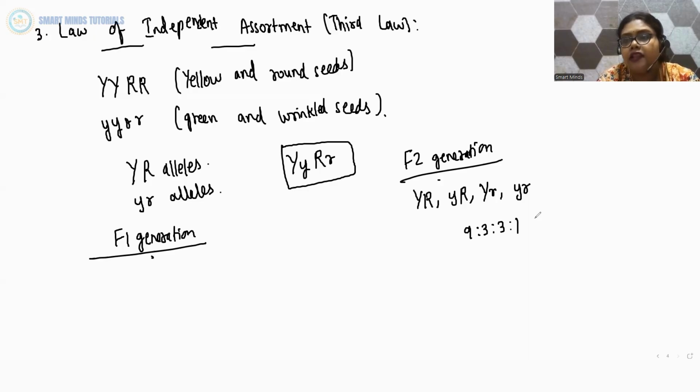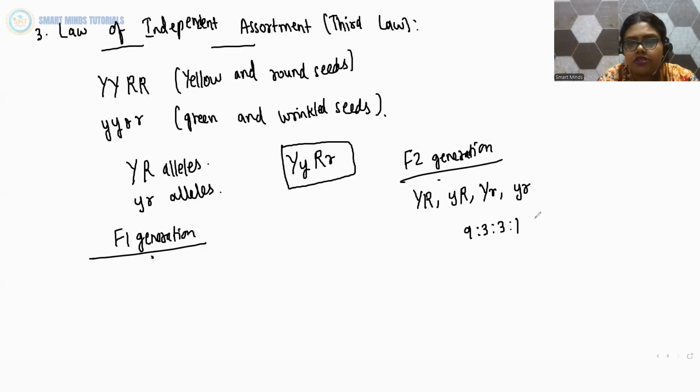Instead, the alleles of the two genes were inherited as independent units. Had the genes been assorted in pairs, that is capital Y capital R and small y small r, plants with green round and yellow wrinkled seeds would not have been produced in the F2 generation.